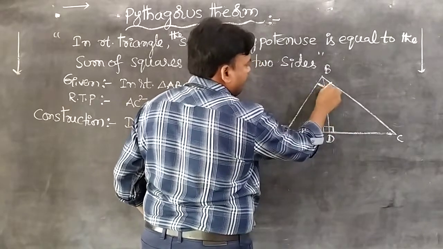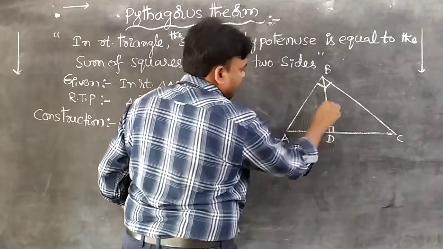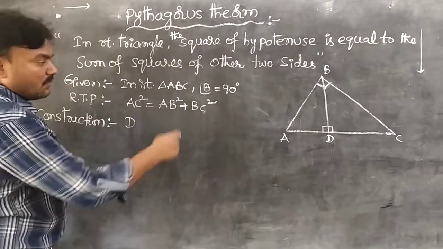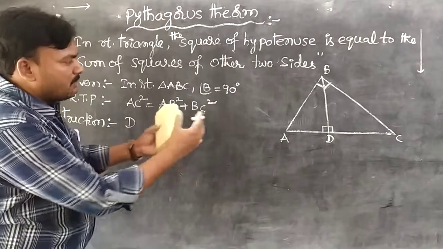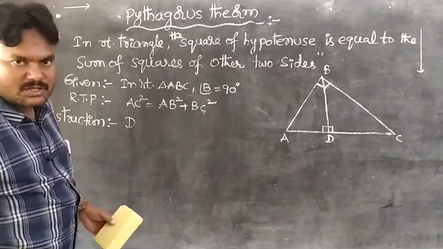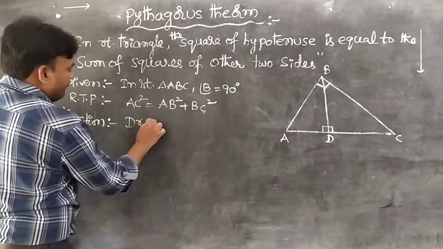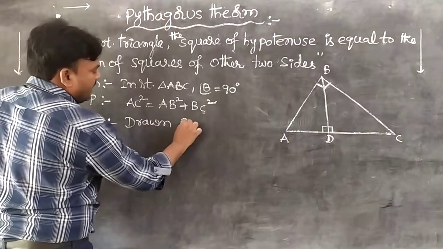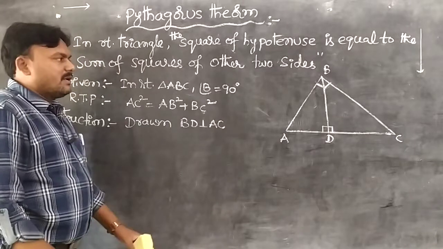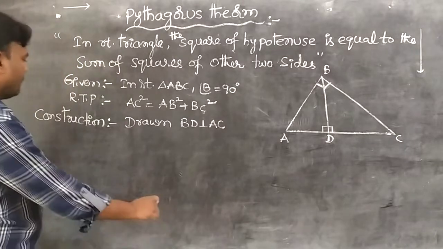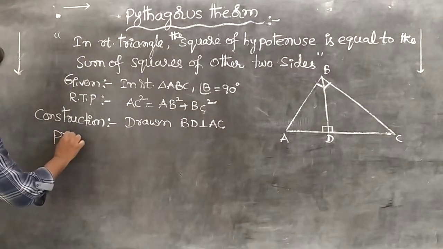Like this. So what we change in a diagram, or helping lines, we can express in the construction part. Drawn BD perpendicular to AC. Next, go for proof, students.